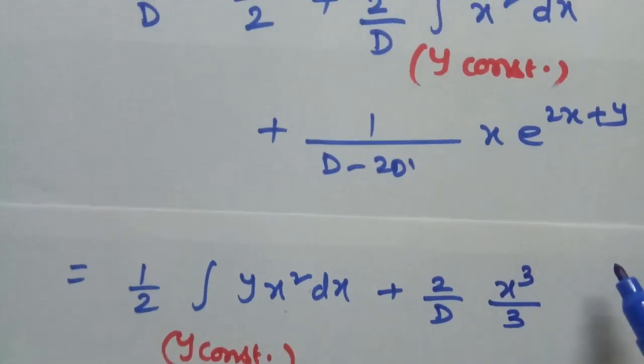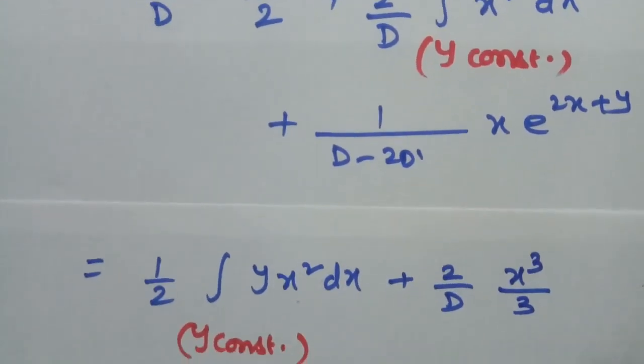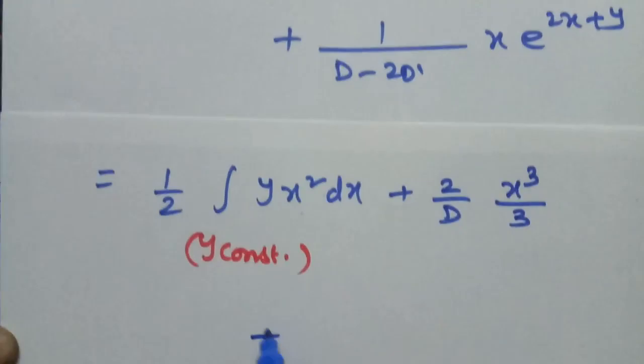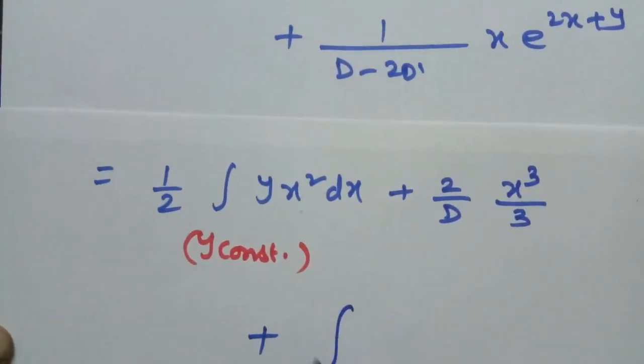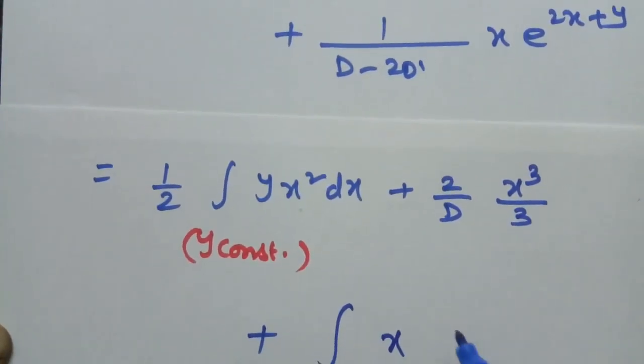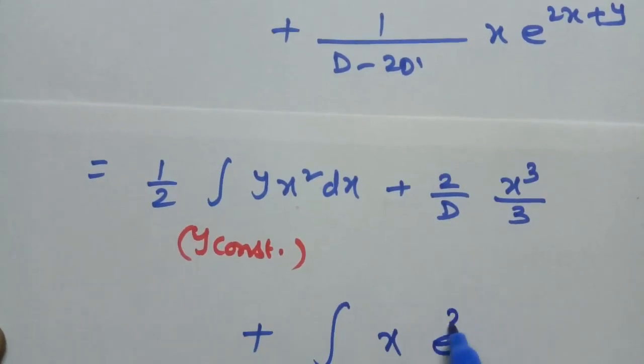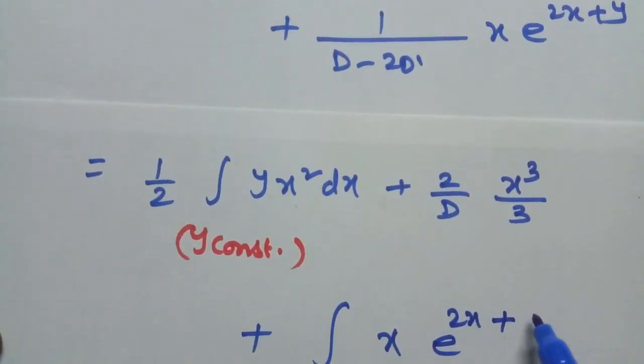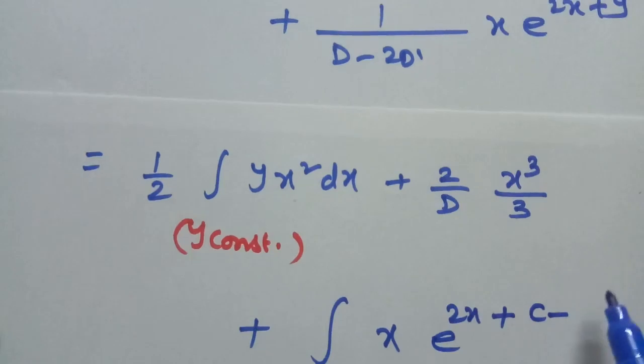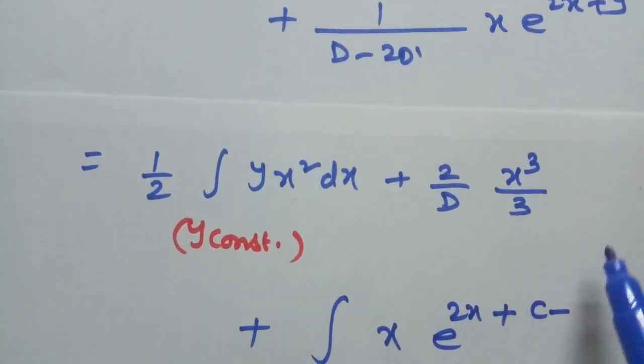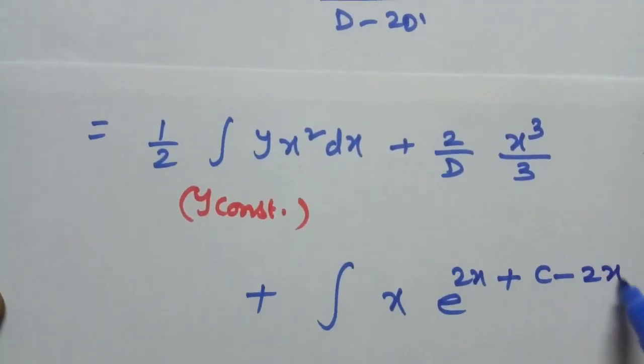We are using the formula integration of x power n dx, plus here this can be written as integration of x into e to the power of 2x. Y can be replaced by c minus m2x. Here m2 is equal to 2.